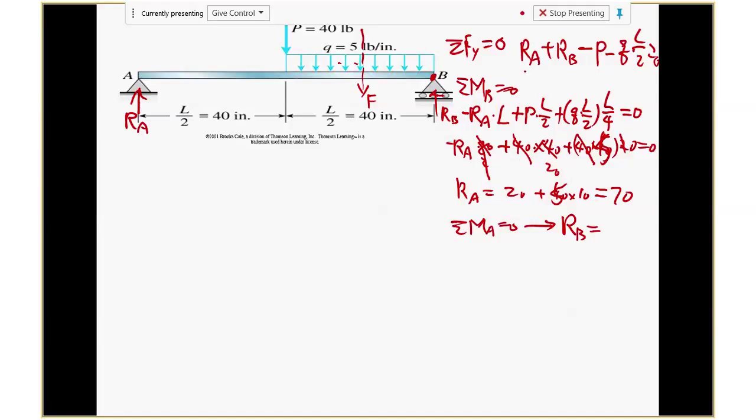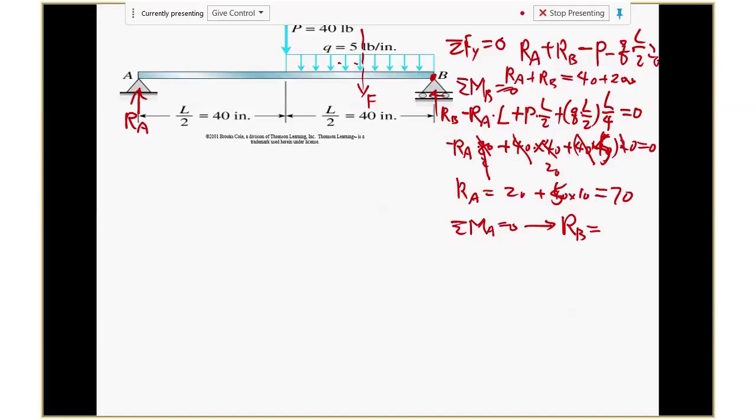Okay, we can try here. So RA plus RB equals P, which is 40, plus Q, which is 5 times 40. 200, right? 40 times 5 is 200.